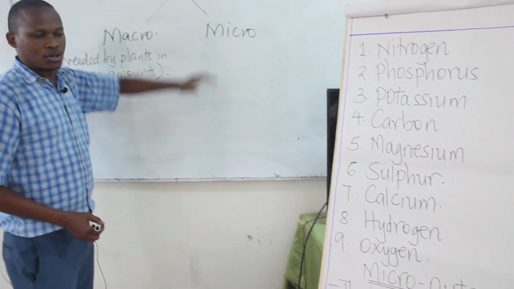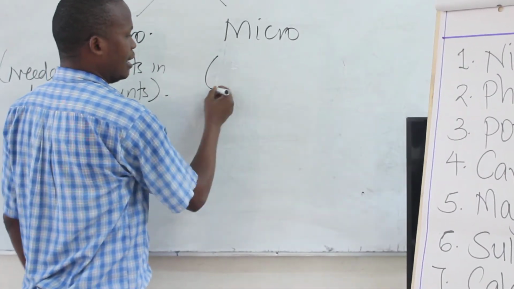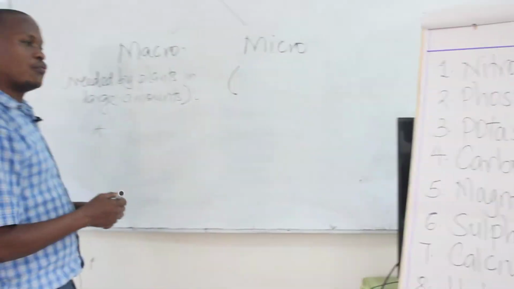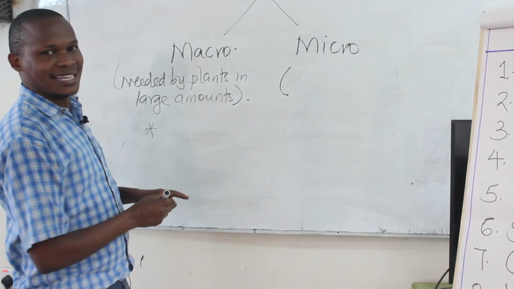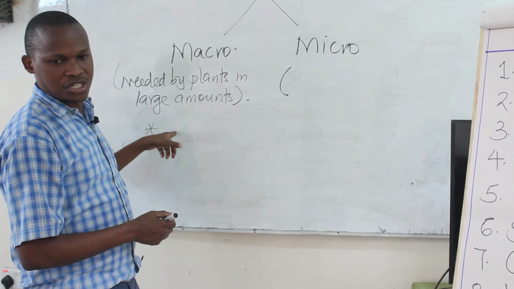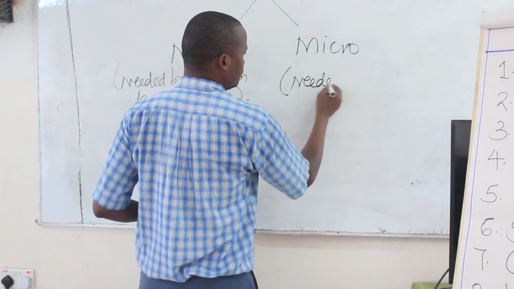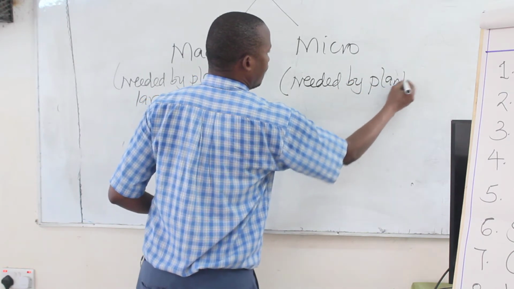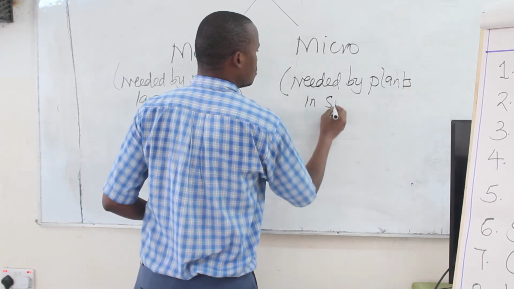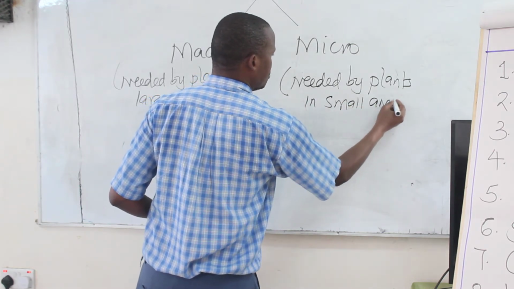Now, micronutrients are the opposite of macro. We have said that macronutrients are needed in large quantities. Micronutrients are needed by plants in small amounts or small quantities.